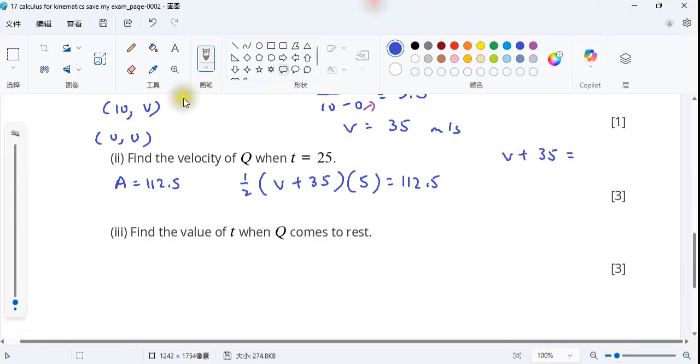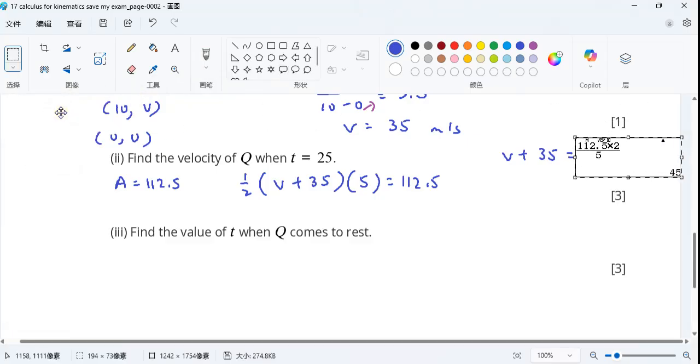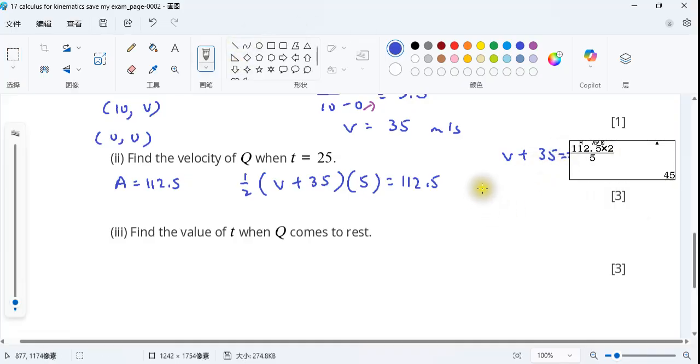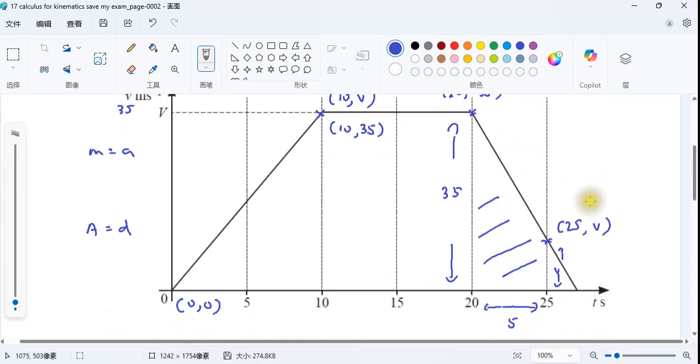So it's 45. Okay, so v will be 10. So the velocity is 10 here.